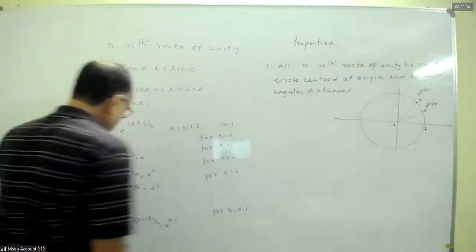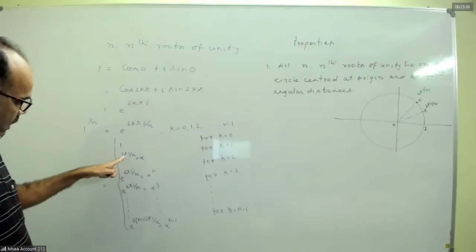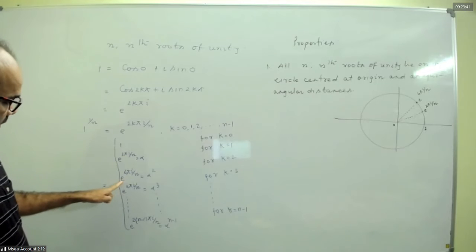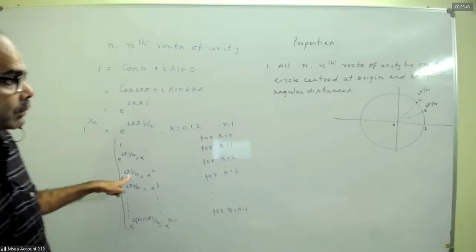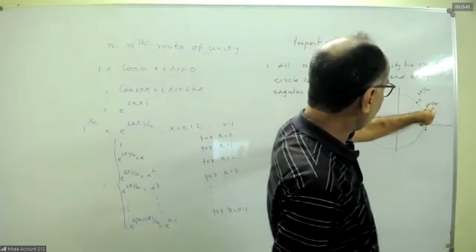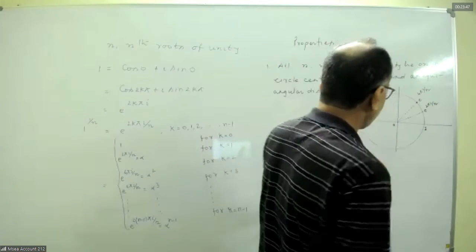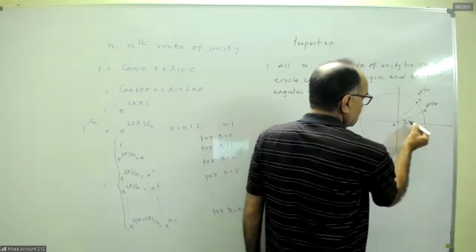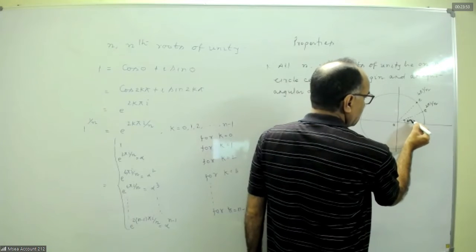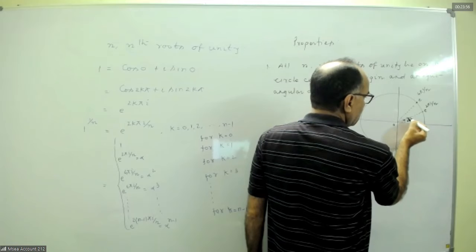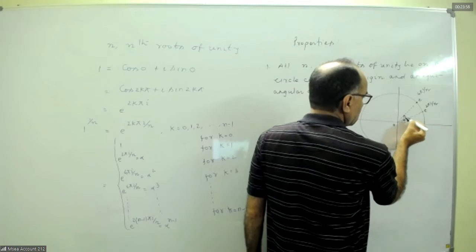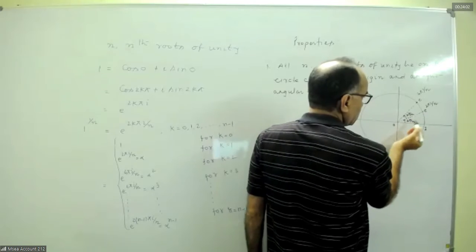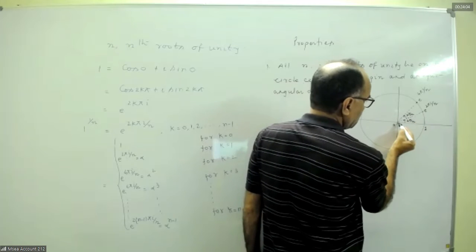This is a complex number with magnitude 1, argument 2 pi by n. This complex number has magnitude 1, argument 4 pi by n. This angle is 2 pi by n. This angle is also 2 pi by n. So this whole angle is 4 pi by n.